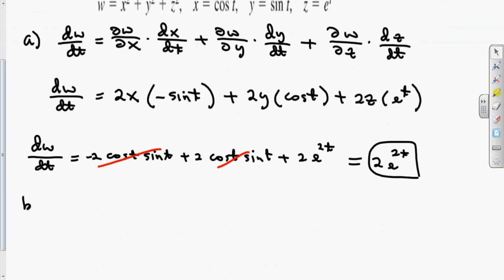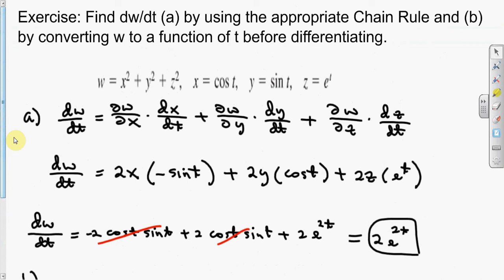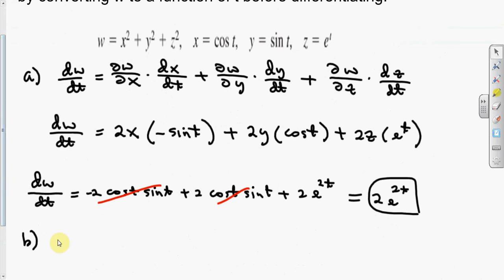And it says for part B, before you do anything, go ahead and convert w to a function of t first. So we have w, which is x squared plus y squared, but x is cosine t. We're going to square that.